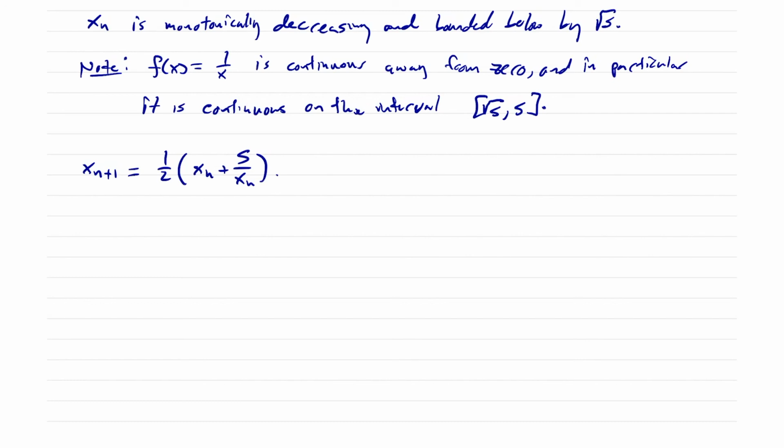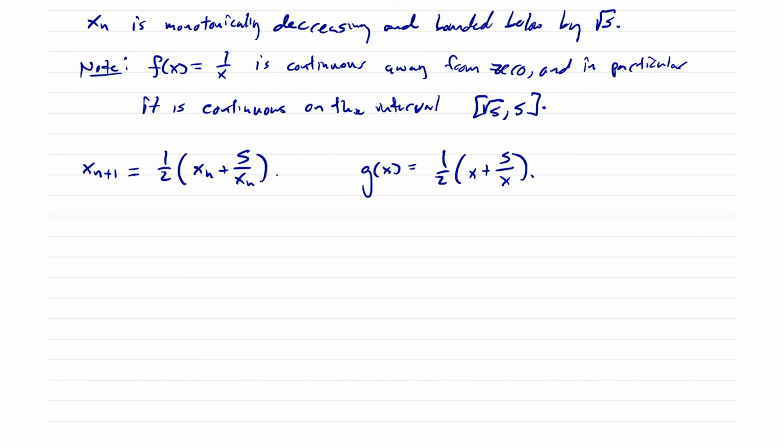I'm going to write g of x equal to 1/2 of x plus s over x. Now, since 1 over x is continuous, and the sum of two continuous functions ends up being continuous, g of x is continuous on the interval from square root of s to s.